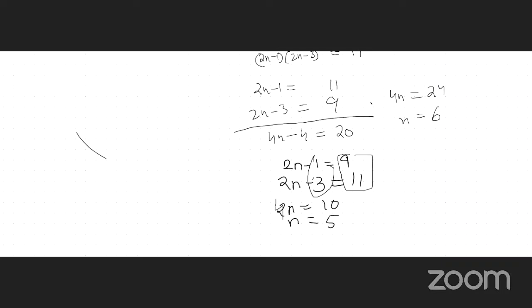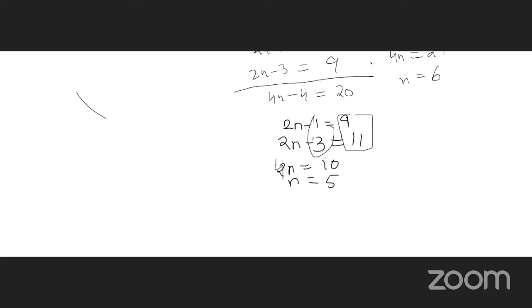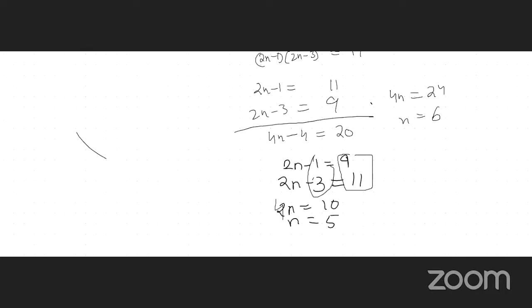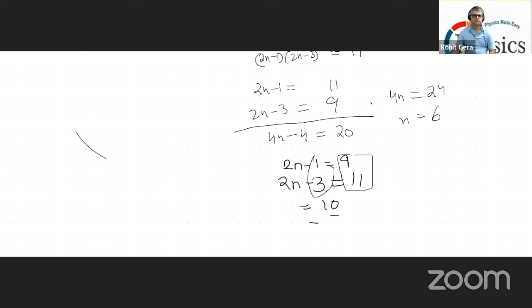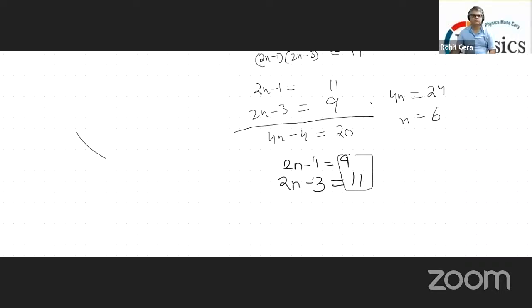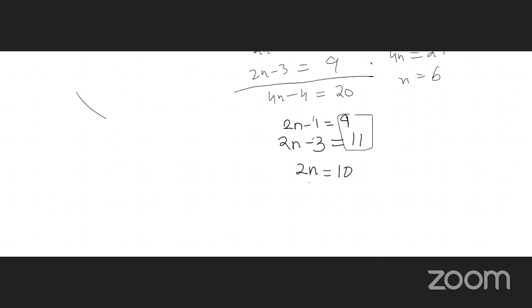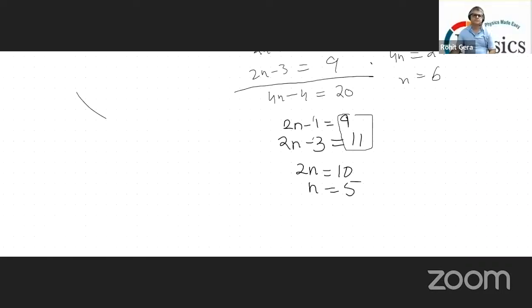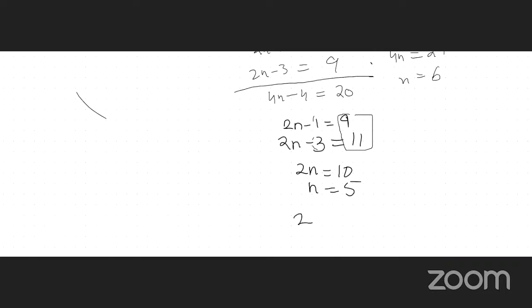No, wait a minute. Here 2n minus 1 equals 9, right? Taking it this way, 2n equals 10, n equals 5. And from this, 2n minus 3 equals 11, so 2n equals 14, n equals 7, which is wrong.